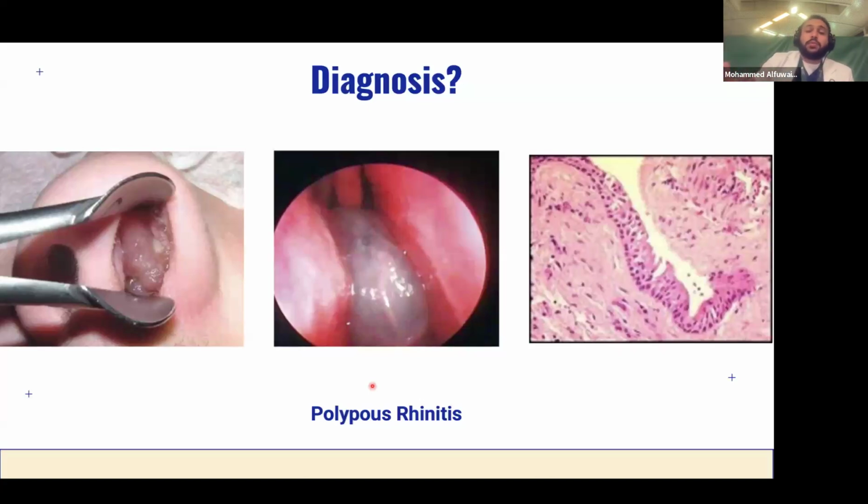Now, when do polyps generate? It can be either on its own, okay? Or, very important, in cystic fibrosis patients, or something called aspirin exacerbated respiratory disease, okay? If we use aspirin, and this develops polyps, asthma, and so on, then they develop aspirin exacerbated respiratory disease, okay, which is this polypus rhinitis. So what do we do with these patients? We remove the polyp surgically, okay, simple.